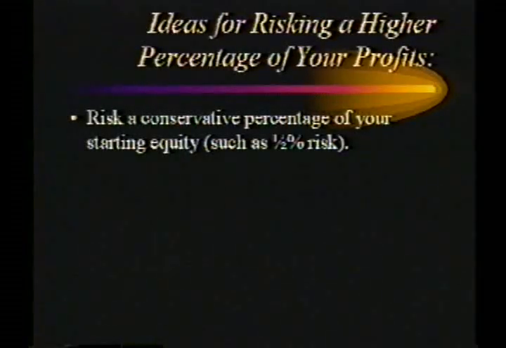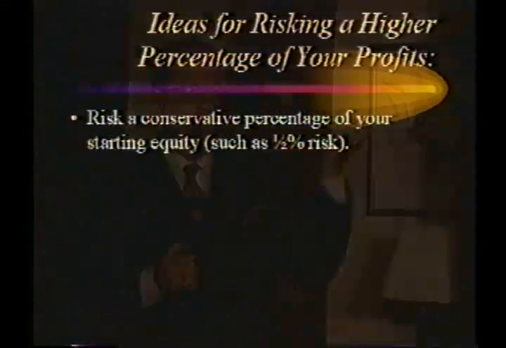That's scaling in. I've given you a number of methods for thinking about scaling in, and then a number of methods and precautions for how to limit the amount you're scaling in and limit how much risk you're going to be subject to. So now let's talk about the other method of really going for optimal bet sizes, which is to risk a small amount of your base capital and then risk even more when you have profits. So a conservative percentage of your starting equity might be 0.5%.